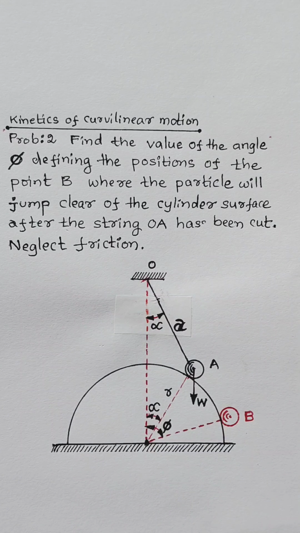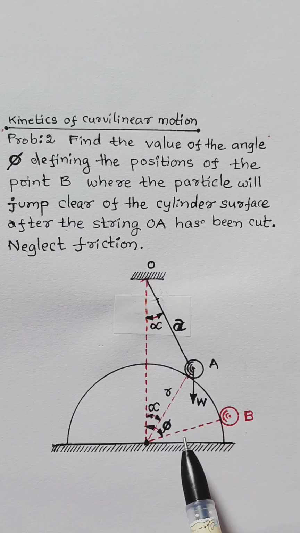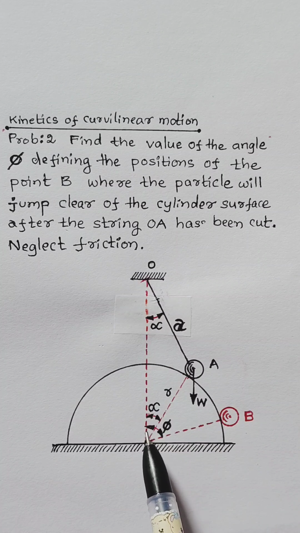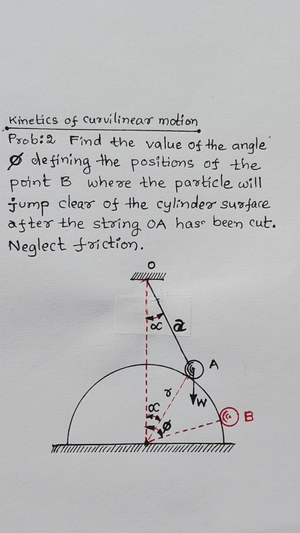According to this problem, at the B position, the radial line drawn from point B to the center of the cylindrical surface is making phi incline with the vertical line. In this problem, we have to find the magnitude of phi. To find that phi value, we have to apply the equilibrium equations along the normal acceleration direction and also the energy conservation equation.